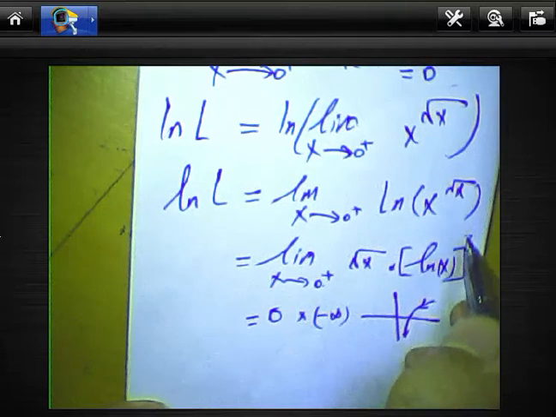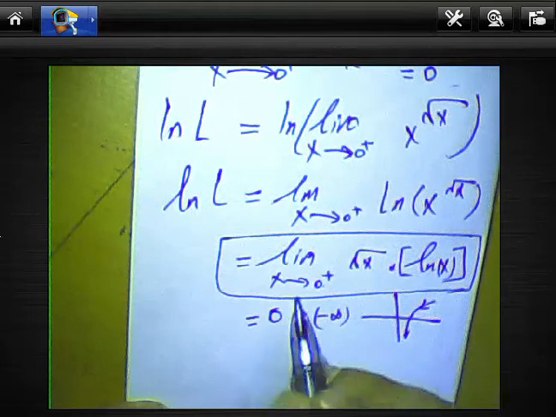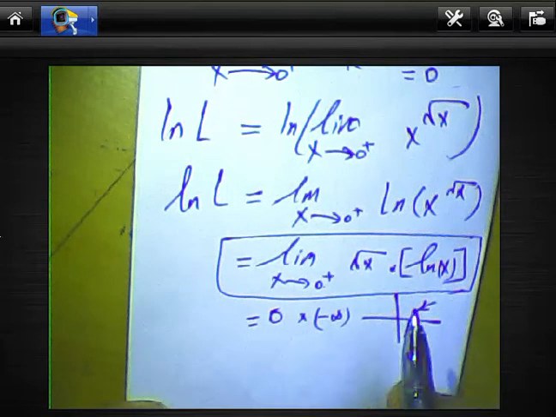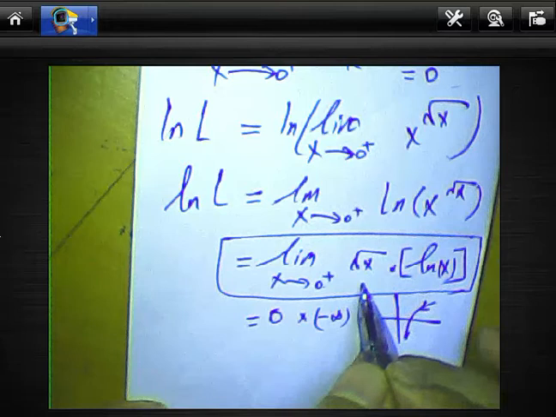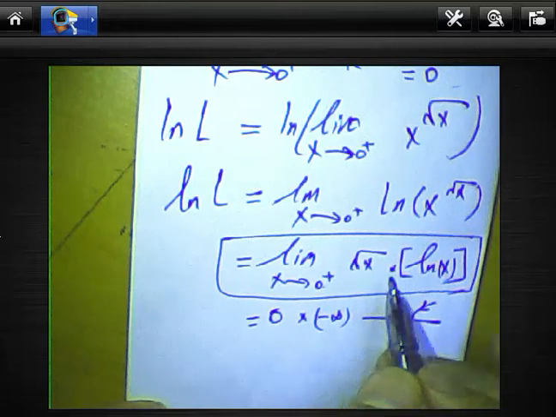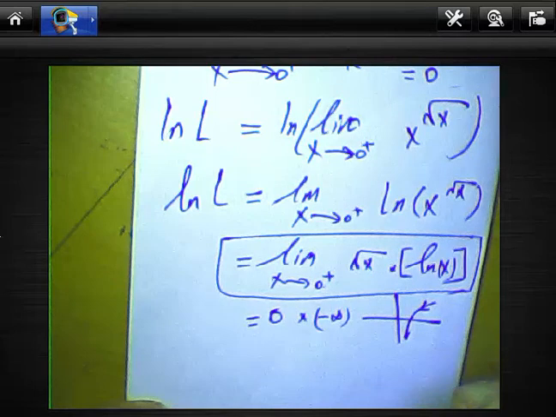So we must find the derivative of this function. To find the limit, we must find the derivative of ln x multiplied by root of x.